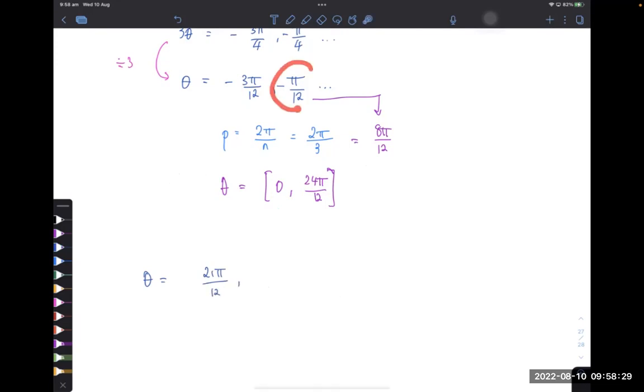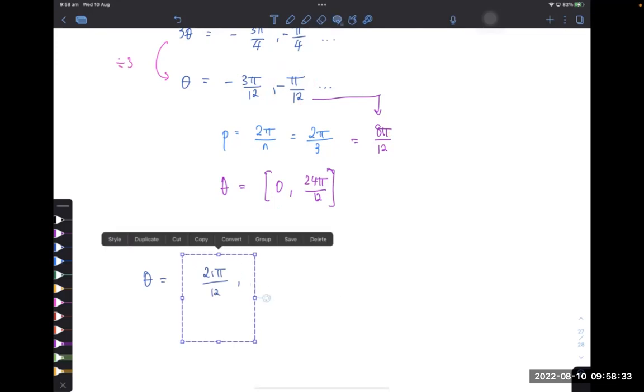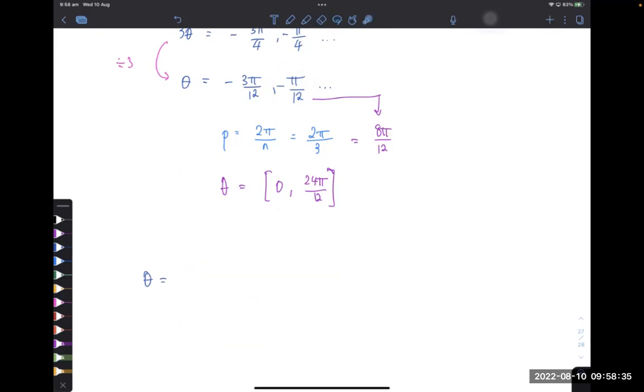And I need to add the period. Oh my goodness, so sorry. I need to pivot this forward by adding the period, which is 8 pi on 12. Okay, add 8 pi on 12. So you get 5 pi on 12, which is our first positive solution because it's past 0. 5 pi on 12.